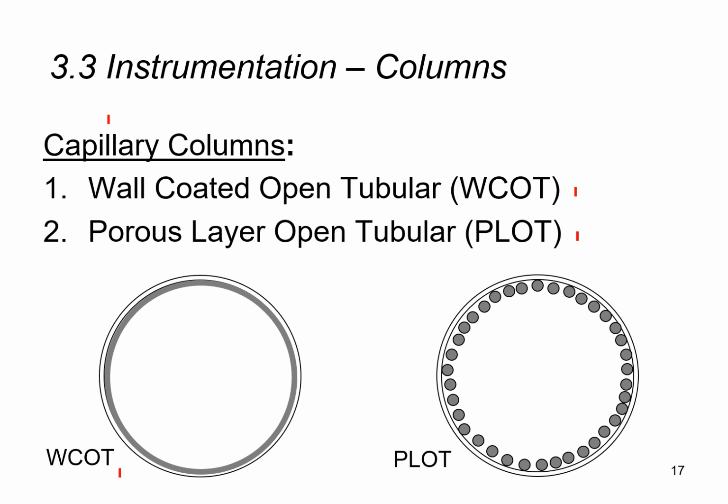This polymer is what the various gaseous chemical components will interact with as they are passing through the column, and this generates the separation. For the porous layer capillary column, you see little beads that have little pores in between them. The pores in between these beads allow the various gaseous molecules to interact, and therefore this will also generate separation.